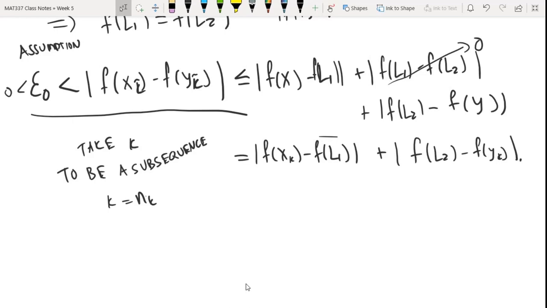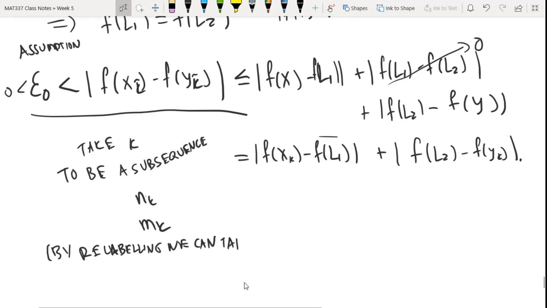So take subsequence nk and mk as above. It's a little bit subtle, but by relabeling, we can take nk to be mk. This is a subtle point, so I'll leave it to you to think about it, and then if not, we'll talk about it.